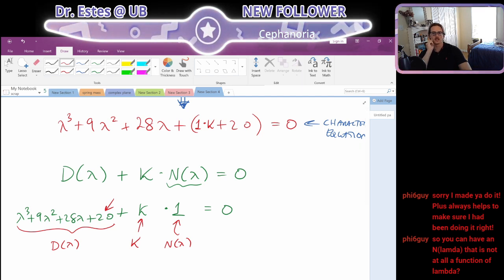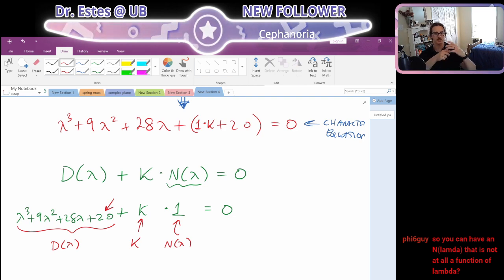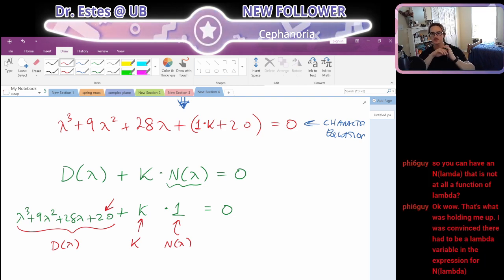You're calling this a function of lambda, but it's just a scalar constant number that's not being multiplied with lambda. But this is just saying generally it can be a function of lambda. Oh, that's what was holding me up.